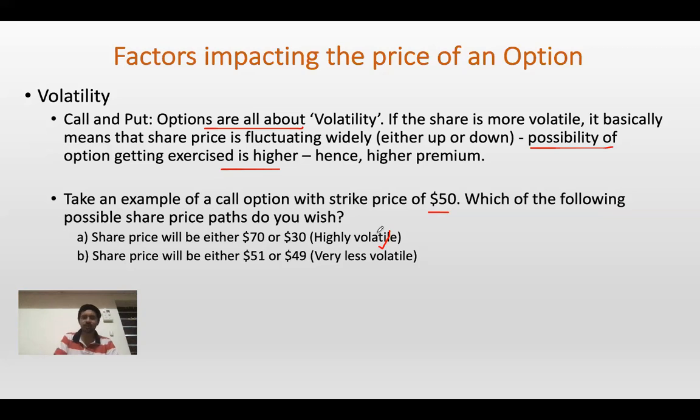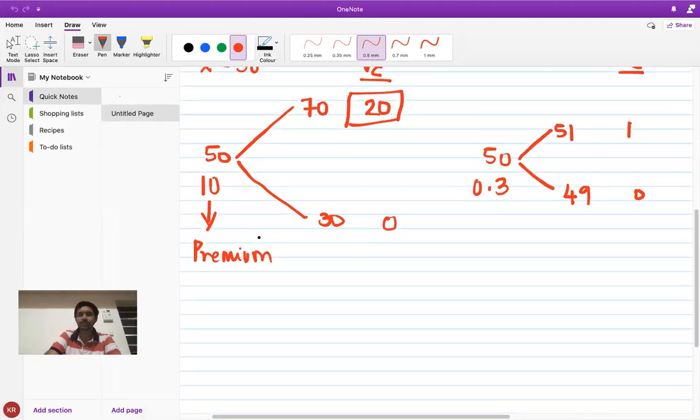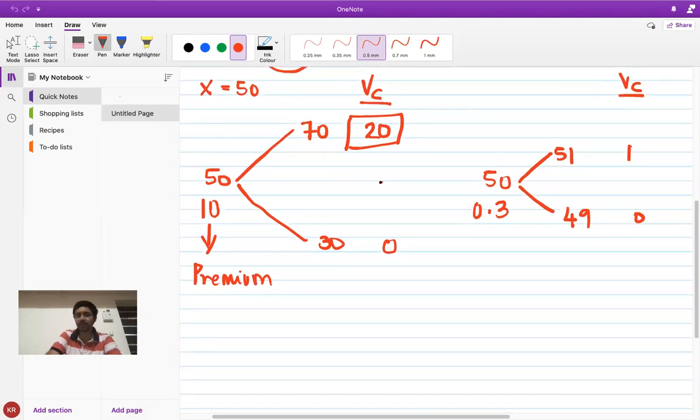Okay, it is very easy to imagine because your payoff over here could be $20, over here it could be $1. Now that you have learned the risk neutral method, today's value of an option is nothing but the present value of the expected payoff, right? Expected payoff will actually be somewhere between 0 and 20, and the present value of that is, I assume, $10.